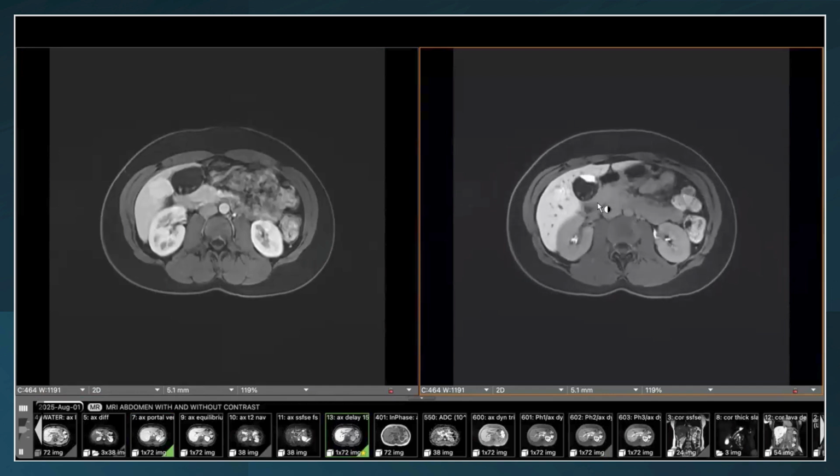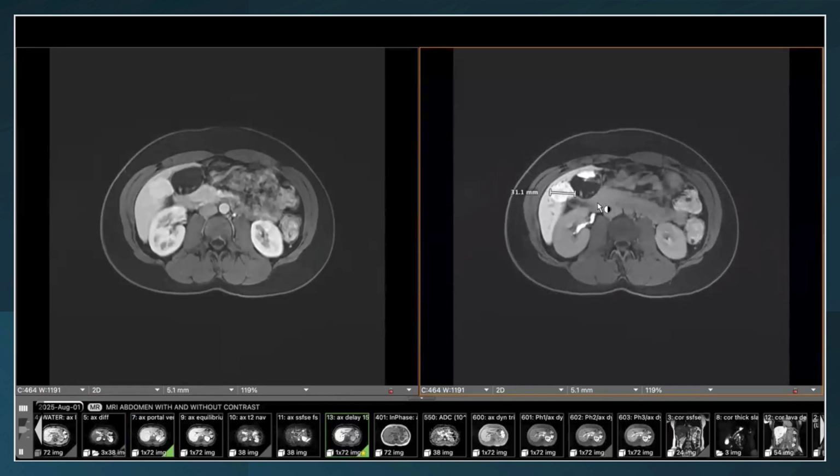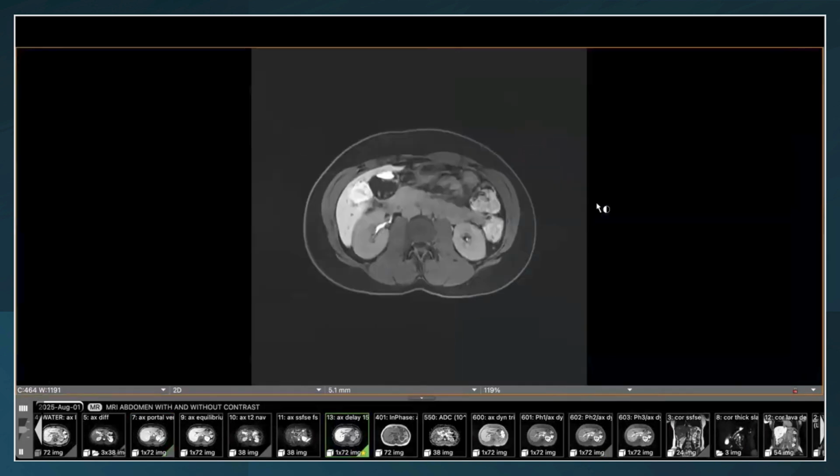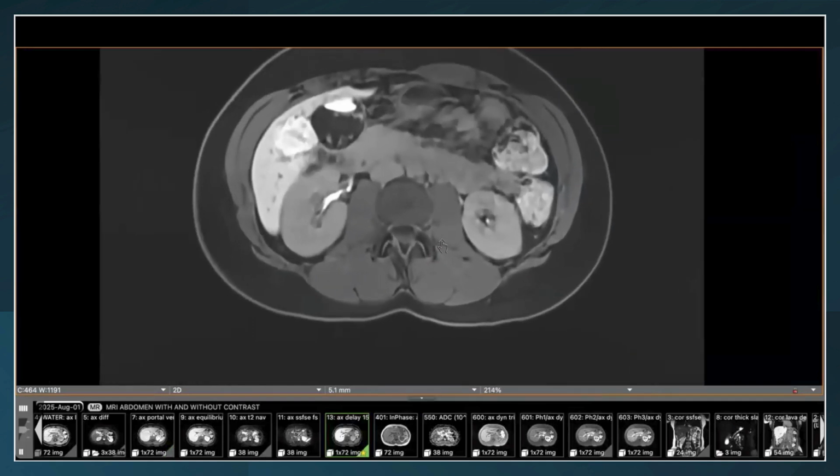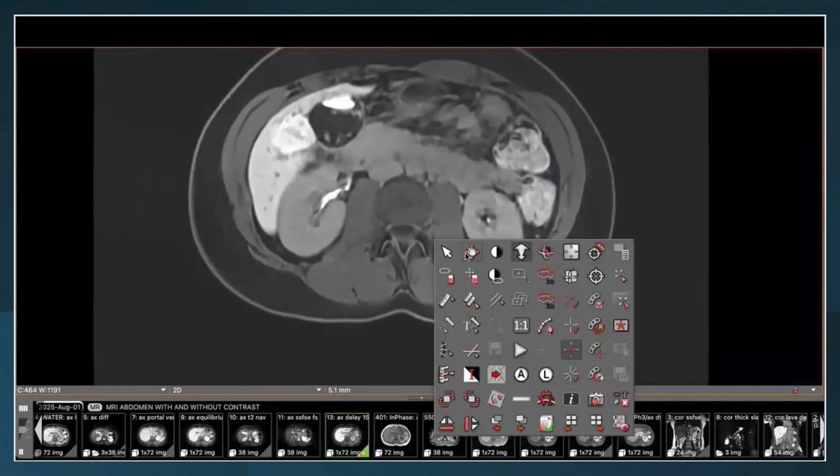As we move down through, we can see that this lesion demonstrates the characteristic hyperintense signal against the background liver that characterizes focal nodular hyperplasia. I'm just going to go ahead and zoom in a little bit on this image just to give you a sense about what that really looks like.